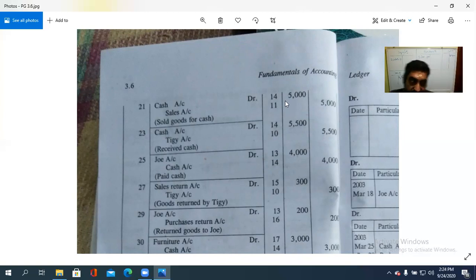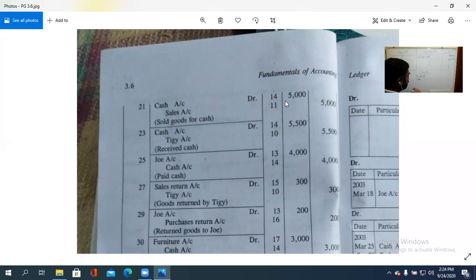So first entry is TG debtor to sales. So TG's account debtor to sales and sales account by TG. Then second entry, purchase account debtor to Joey. So purchase account to Joey 6,000 and by purchases 6,000. Third, cash account debtor to sales is 5,000 and here by cash 5,000. Then cash account debtor to TG, one more transaction.